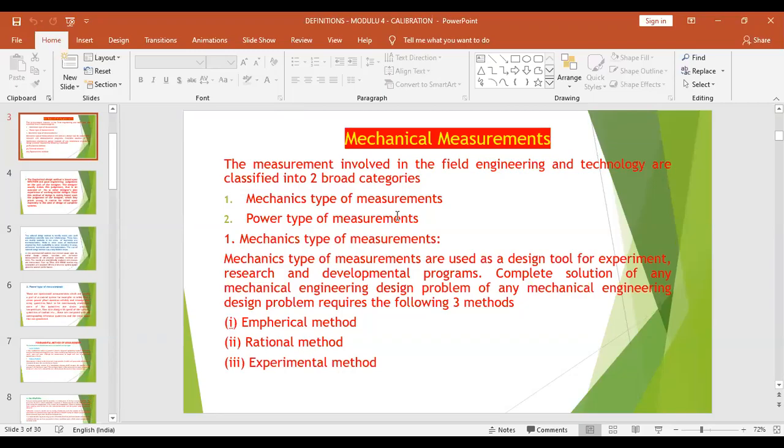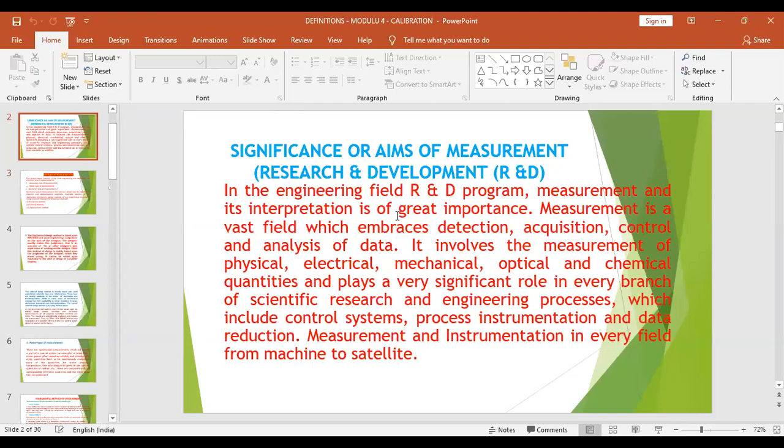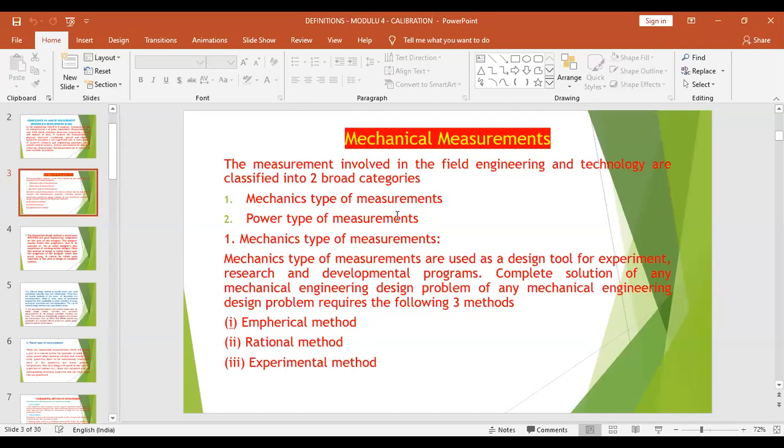Mechanical measurement is classified into two. One is mechanics type of measurement. Number two, power type of measurement.